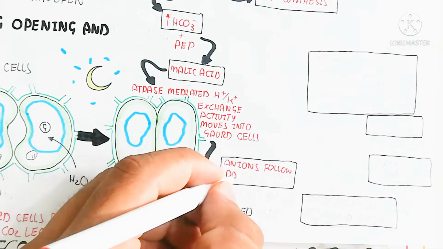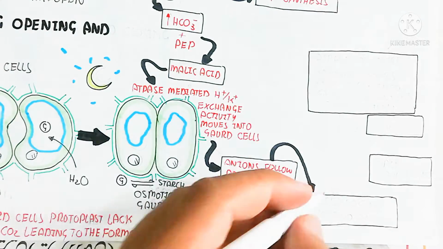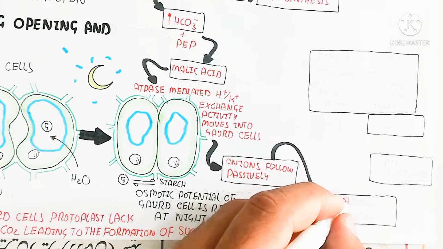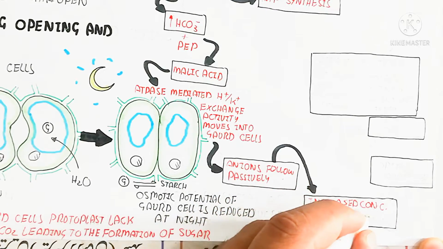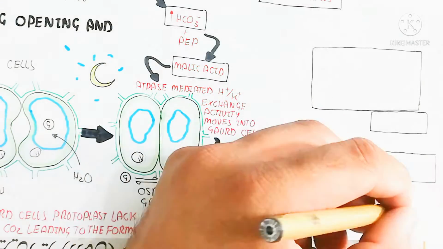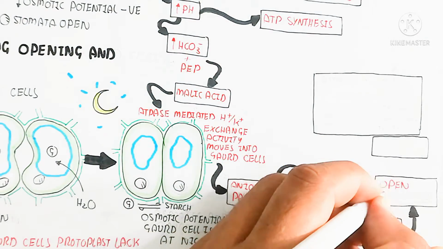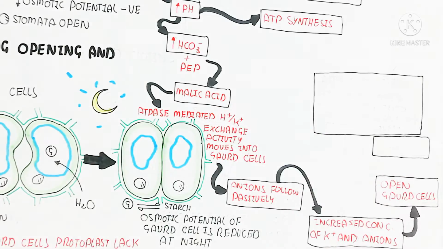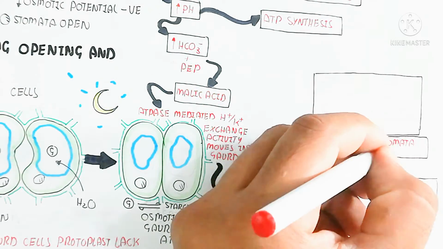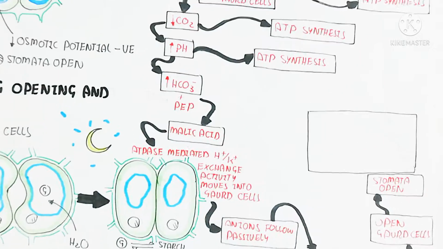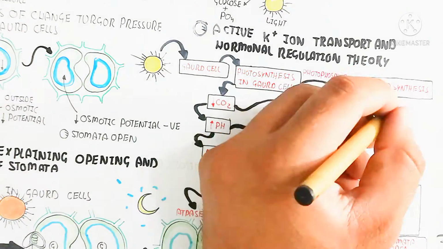An increased concentration of potassium and anions opens the guard cells. When the concentration of potassium and anions increases inside the guard cell, it leads to the guard cell opening, and the stomata will be open. Sorry, the guard cell becomes turgid, not open, but you can understand, and the stomata will be open.